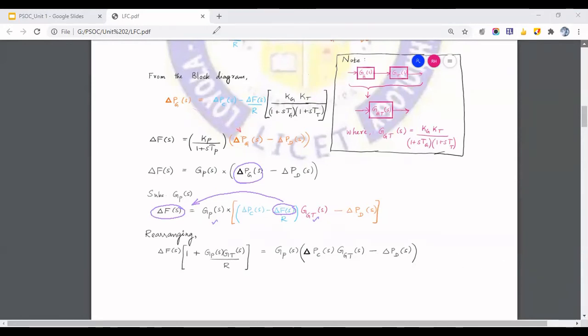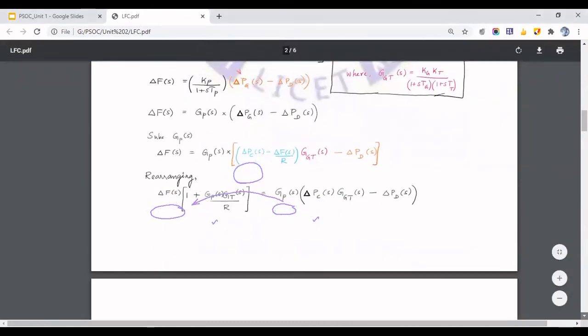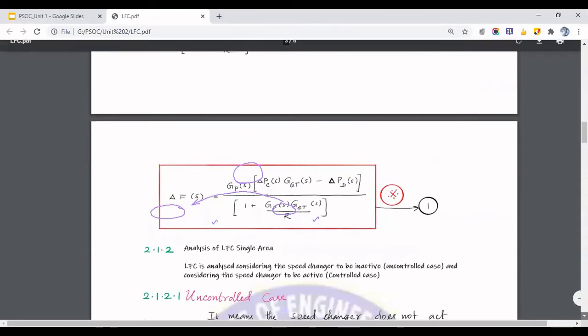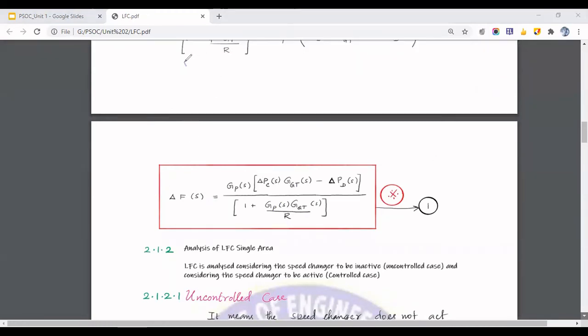We could see the coefficient of delta F of S in the previous expression. After we cross multiply and bring it to the other side, we arrive at one equation. This is going to be the backbone for analyzing a single area.